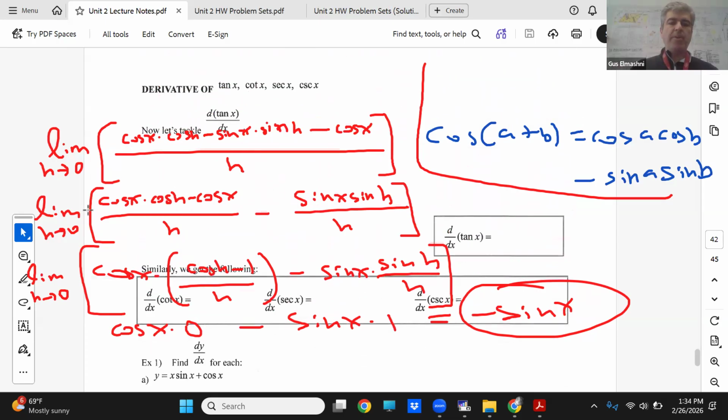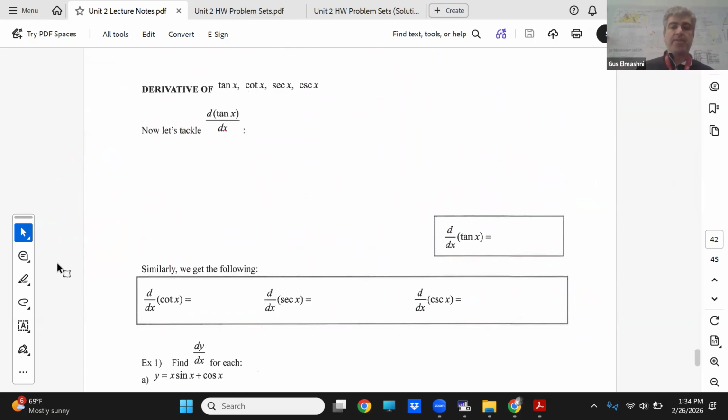Now, for the next one here, because you guys know the shortcut rules, the quotient rule, I'm going to think it's d/dx of sine x over cos x.